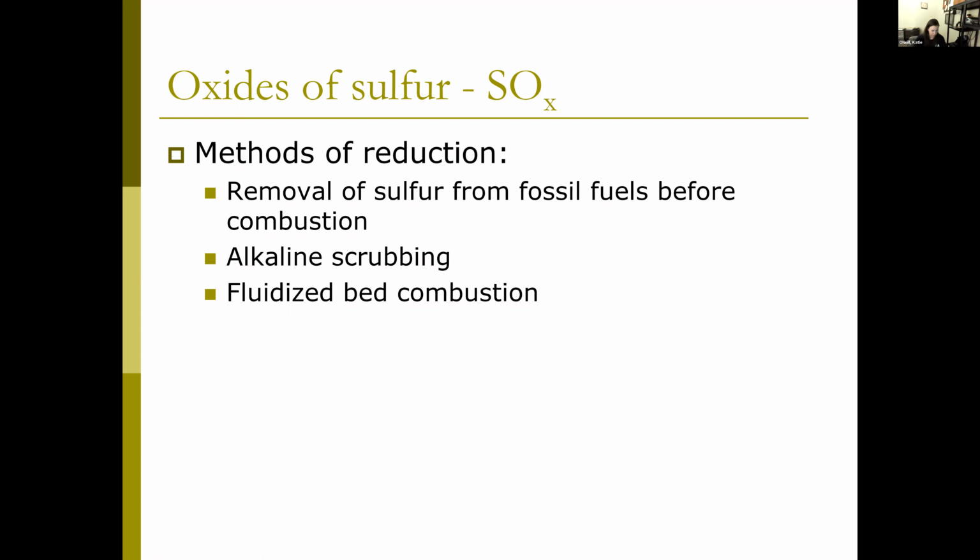The first thing is called hydrodesulfurization, removing the sulfur from the fuel in the first place. We can also scrub it with a base, trying to neutralize it. And then we can also make it go through combustion as it's reacting, so it's on a bed of combustible material. So let's look at these one by one.